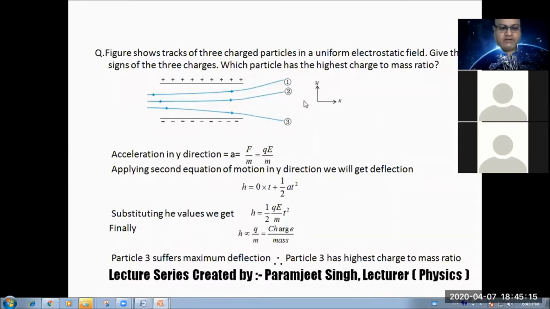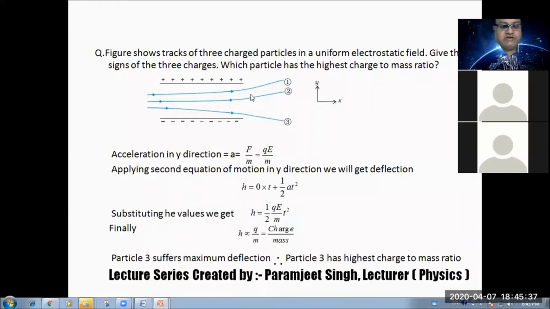Okay, so let us start solving the question. First of all, give the signs of the three charges. What is the sign of charge 1? This is negative. Particle 1 is negative because it is deviating towards the positive plate, attracting towards the positive plate.